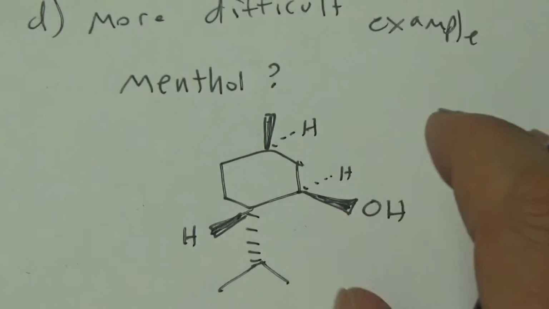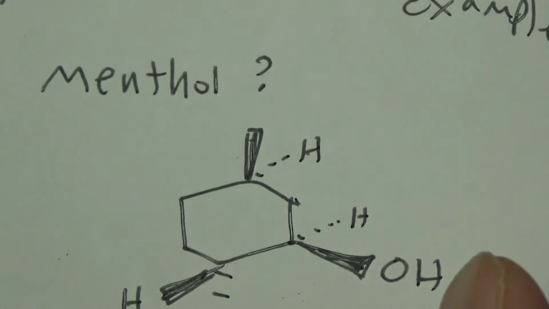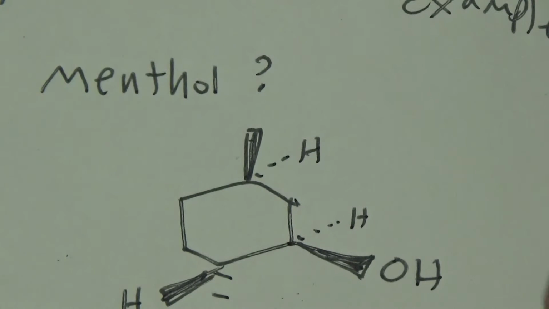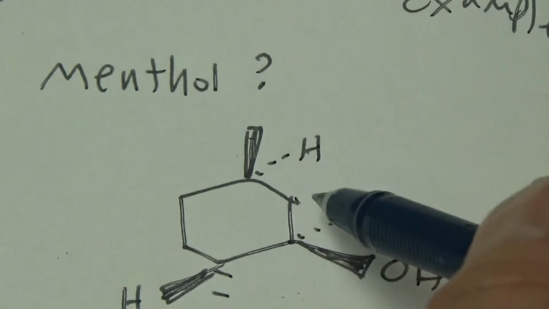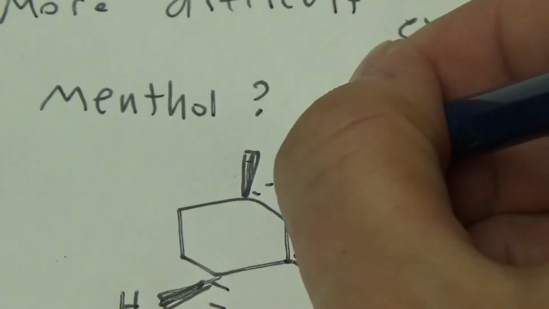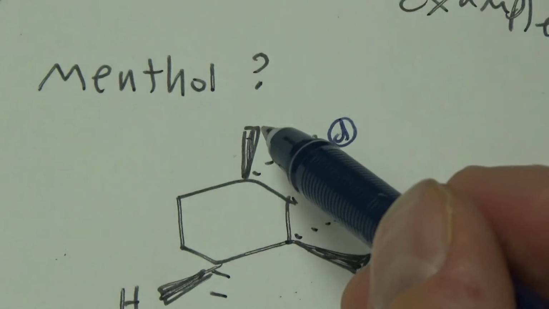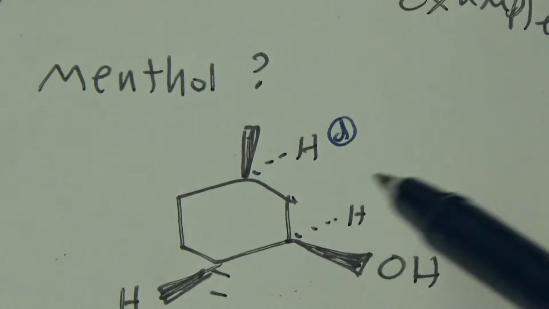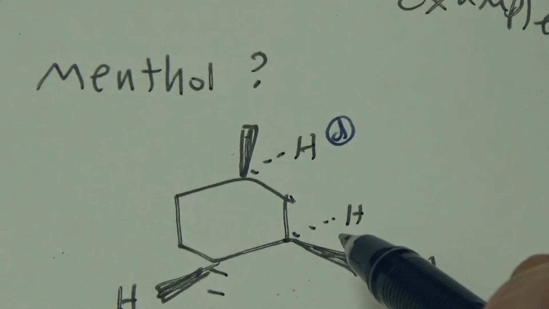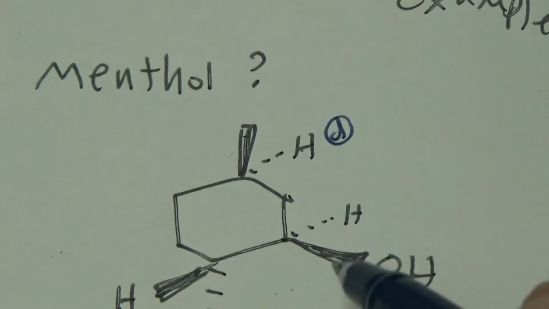Okay. I'm going to start at the top. So, what are my priorities? That's clearly the D. That's a good starting point. Now here's my A. Well, it ain't that, because that's a carbon with 0 carbons on it. And maybe it's either this or this, right? And you just keep walking away till the first point of difference.